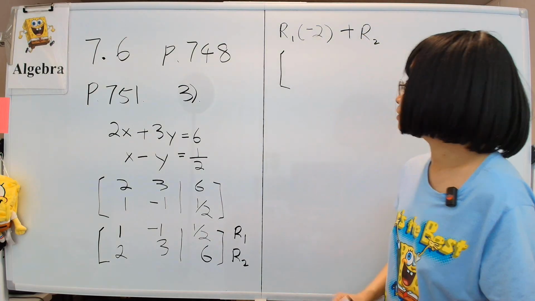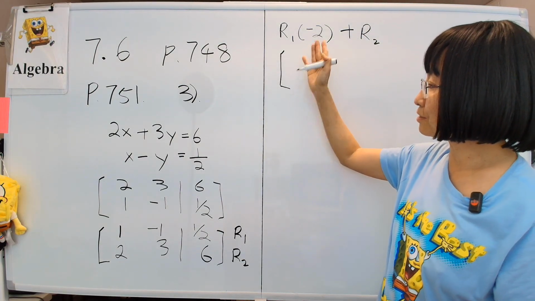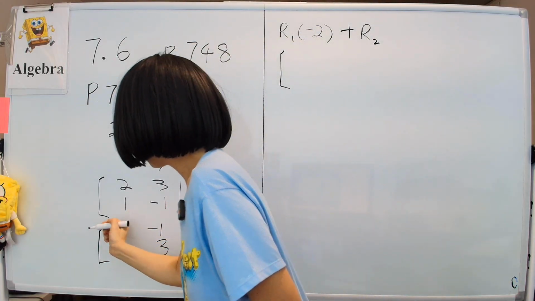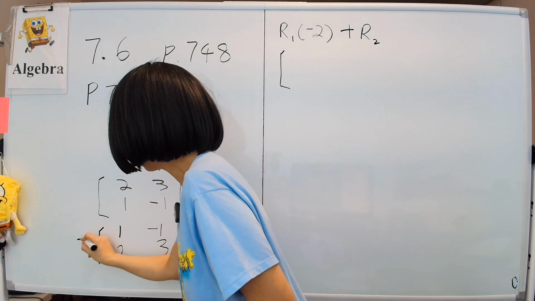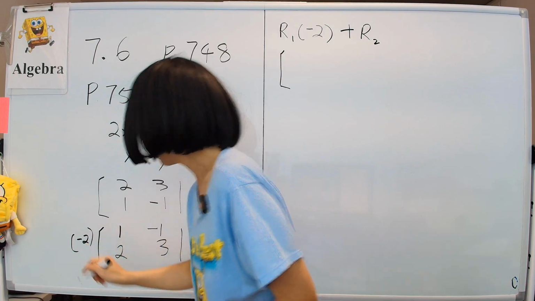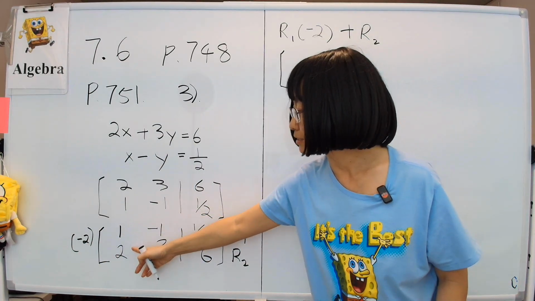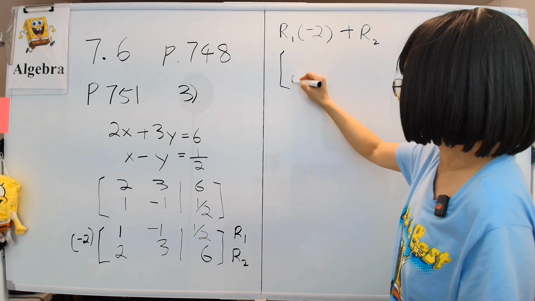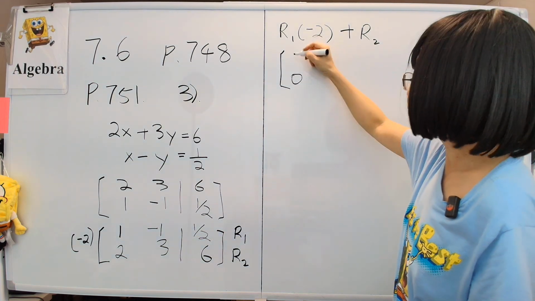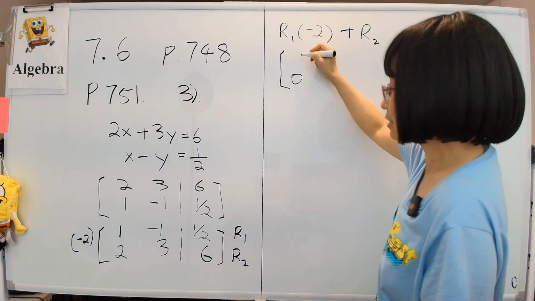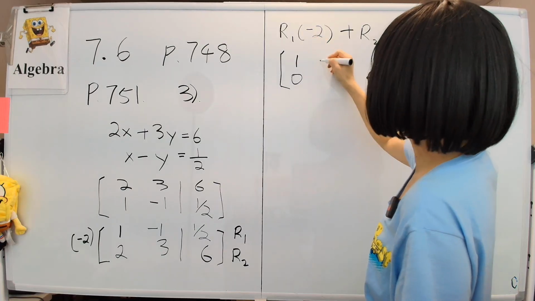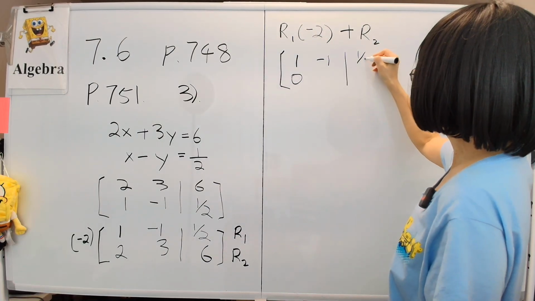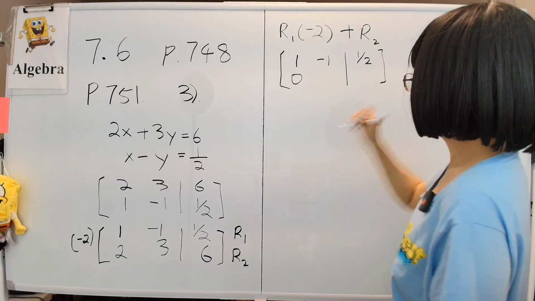All right, so row 1 times minus 2 plus row 2. I'll write it here to help us remember it. So 1 times minus 2 plus the 2 in row 2 will be 0. And by the way, I have to write down row 1. This doesn't change in this process, so I have to write it down, 1, minus 1/2, and so on.